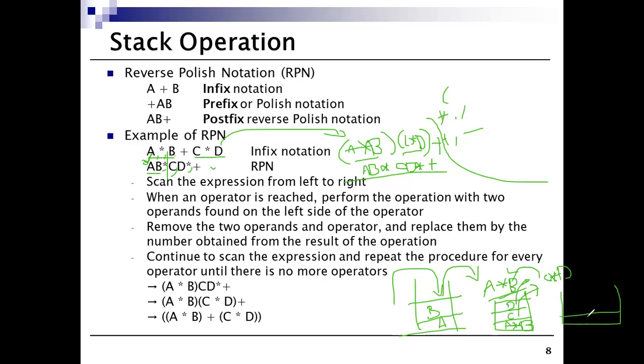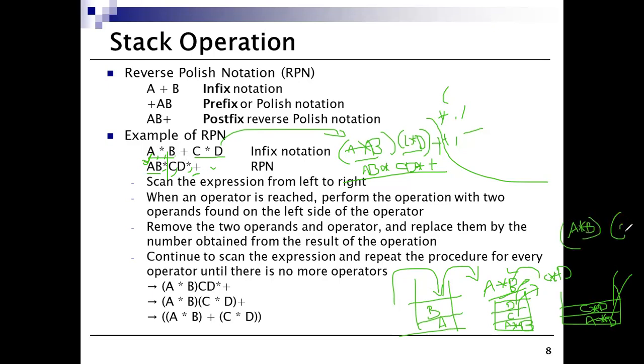And the result is again pushed onto the stack. So after that, our stack has these two elements. First is already there, A star B, and the result of C star D is stored as the second element. After that, again we have reached one more operator. So the two elements from the stack are popped out, and between those two, the operation, which is addition, is carried out.